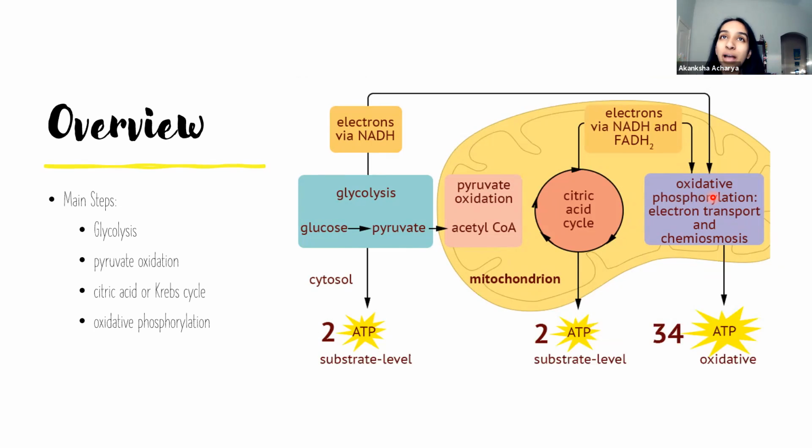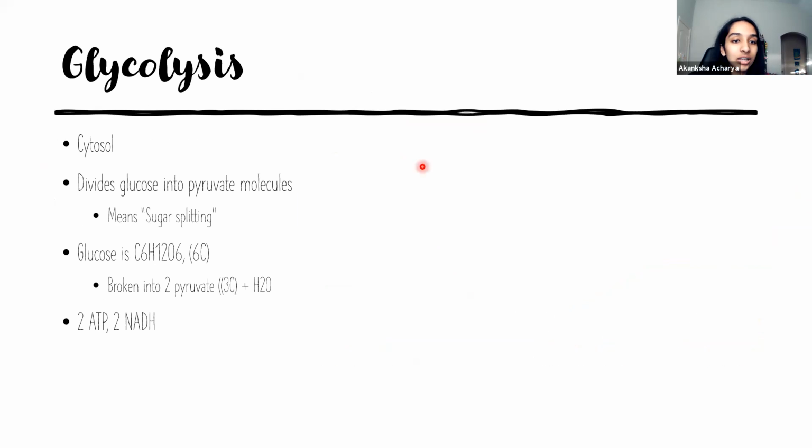So you can imagine it to be like pre-ATP. It's not ATP, but it stores a lot of energy, and that energy can be used to create ATP. And we like ATP because ATP is our source of energy. So yeah, that is glycolysis. Key takeaways are that glucose is broken into pyruvate, and you're making 2 ATPs and 2 NADHs in this process.